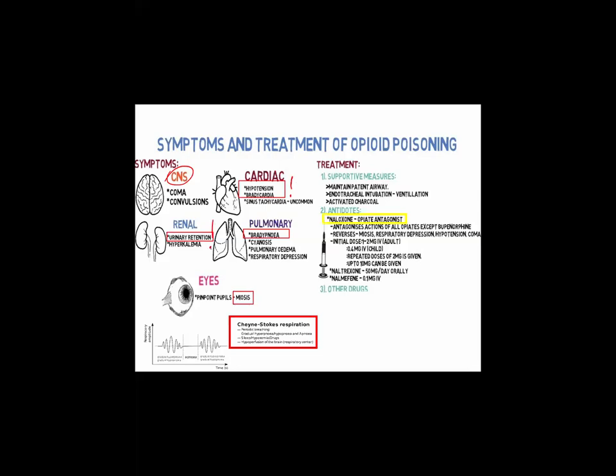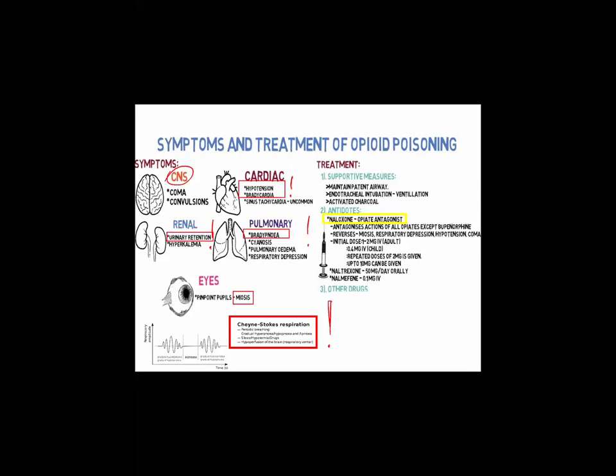From the pulmonary respiratory system, we have bradypnoea, and we have a specific type of respiration called Cheyne-Stokes respiration. This is one of the most typical signs of opioid overdose.